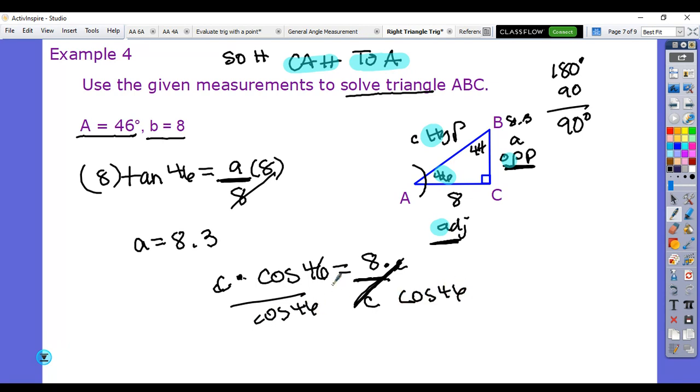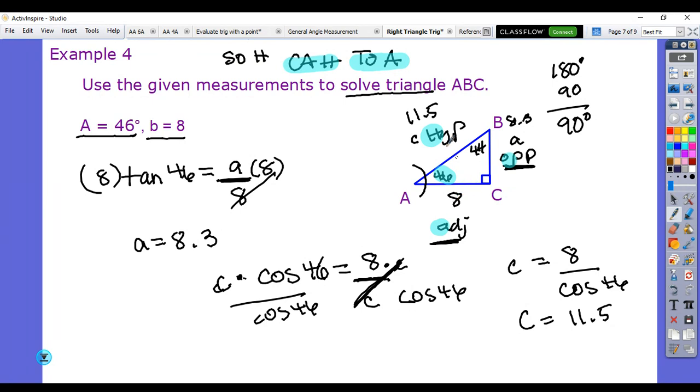What I always recommend when this variable is in the bottom, it just trades places. So see how we have C equals 8 divided by cosine 46. And if I plug this into my calculator, I get 11.5.